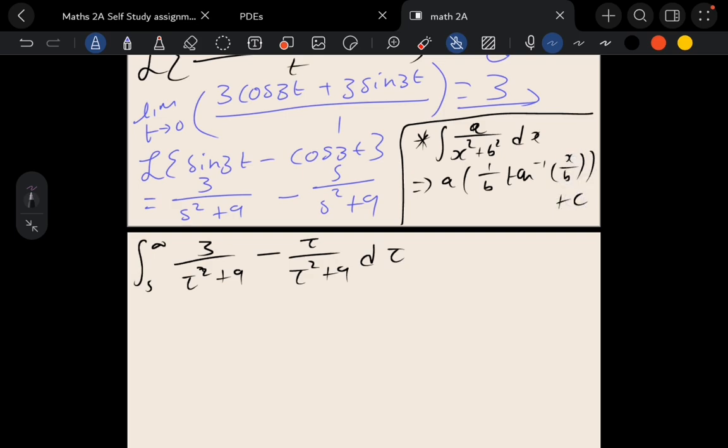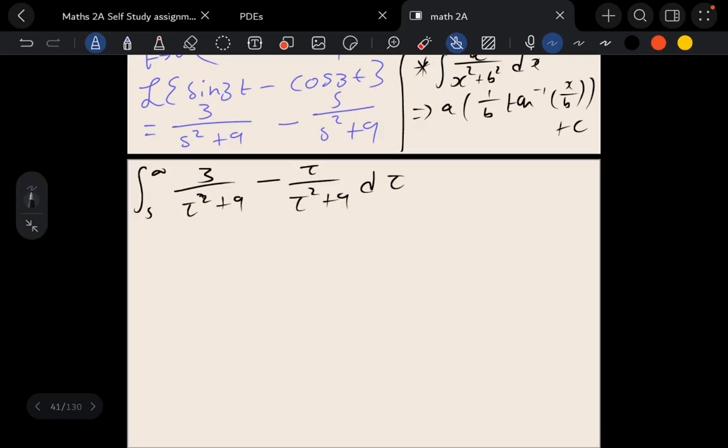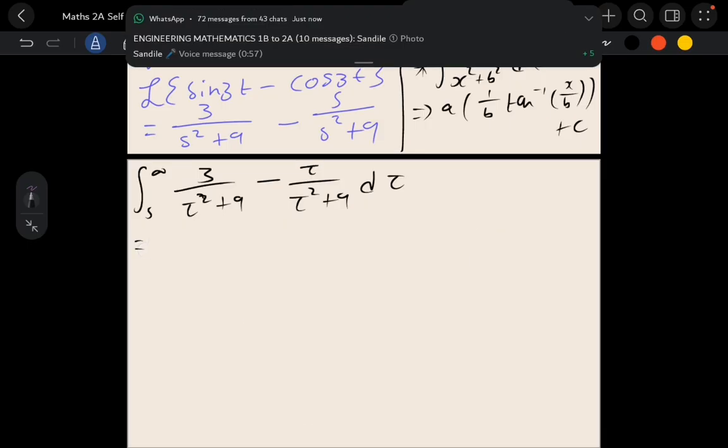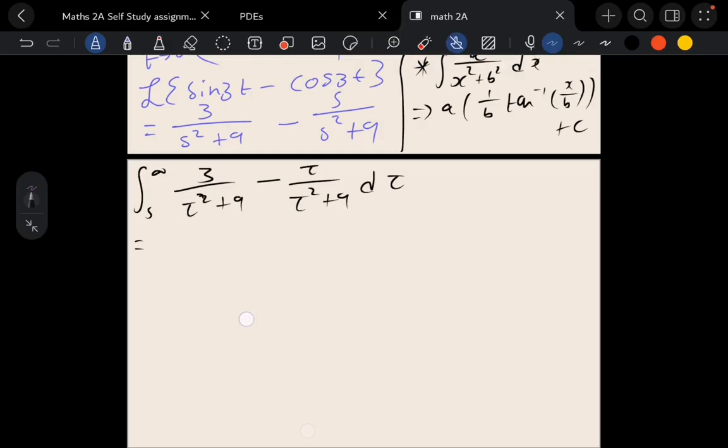It was something like that. So here it's going to be 3 times 1 over 3, because you need to take the square root of 9, the arctangent of tau over 3.